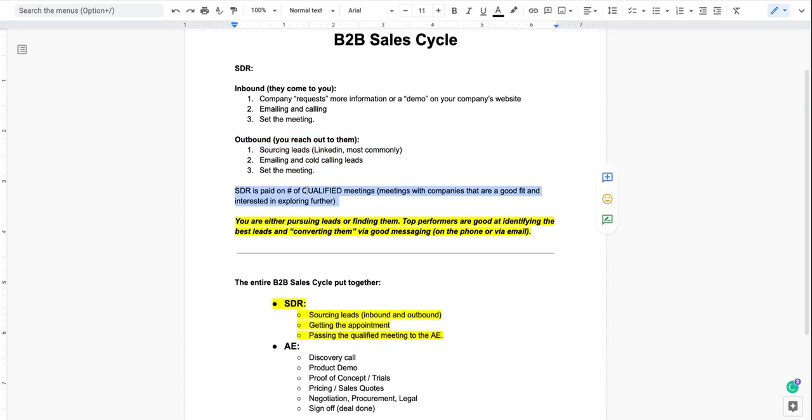One thing to note here is that the SDR role is paid on the number of qualified meetings that they set. And so, what is a qualified lead?